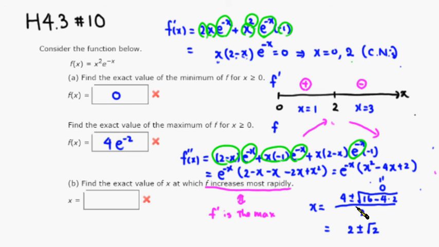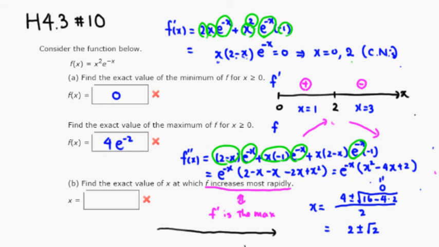Then we are looking for the exact value of x at which f increases most rapidly. So we're going to look at the sign of f double prime.